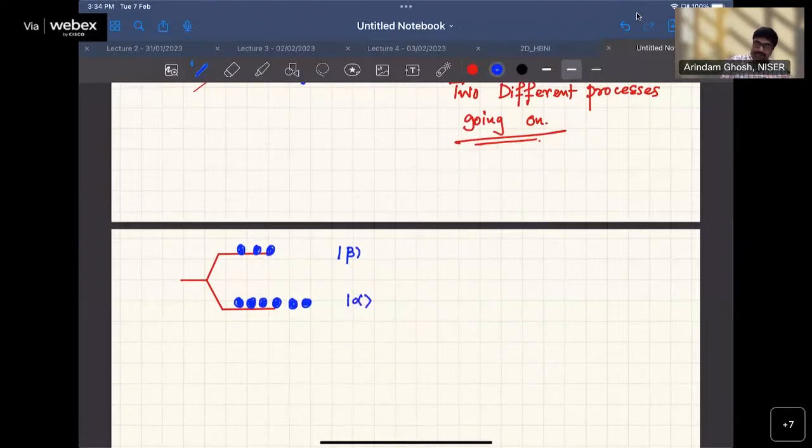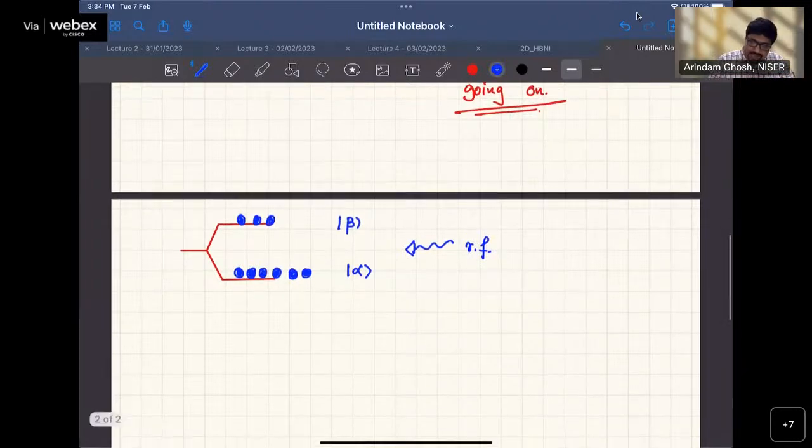So when we apply this RF pulse, the first thing that happens is that we disturb this nice equilibrium arrangement of population. This arrangement came from the Boltzmann distribution. Given a particular delta E, given a particular temperature of the sample, we know that the distribution of the two states is given by a Boltzmann distribution.